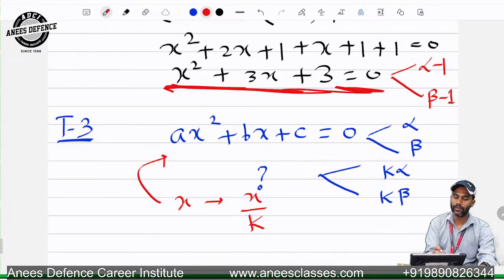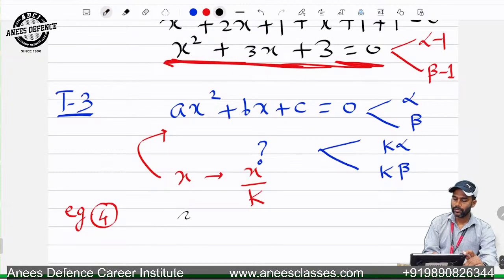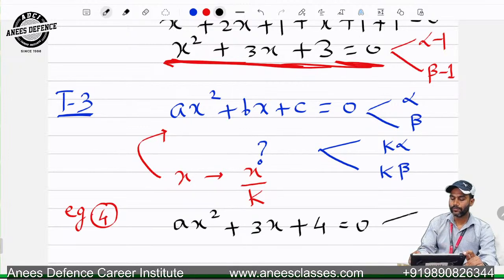Yes or no? Shall we take one more example? Example number 4. Suppose we have equation ax square plus 3x plus 4 is equal to 0, and roots are alpha and beta.